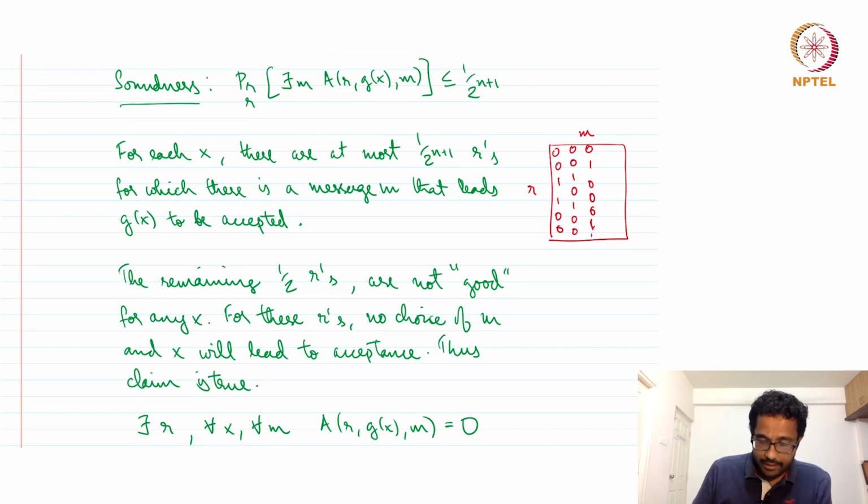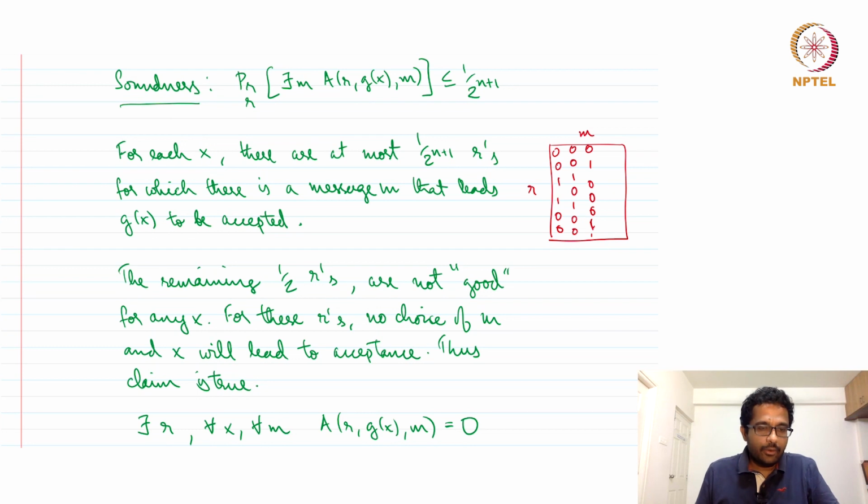So now consider this is for a specific x. Now consider another x and another x. For each x there are some r's that are good, which means for each x there are 1 by 2 power n plus 1 fraction of rows that are good. So what are the rows that are good for some x?